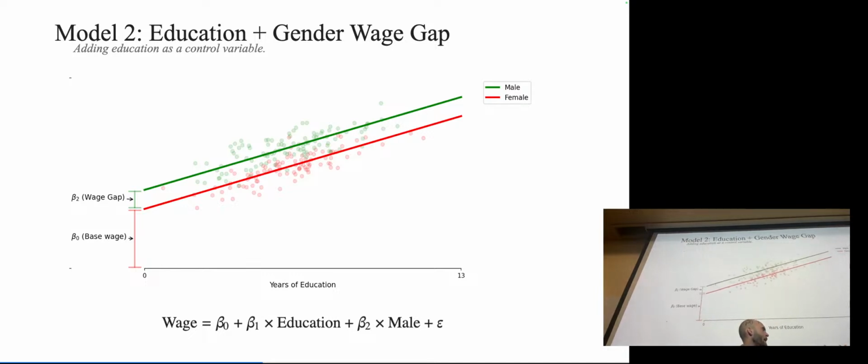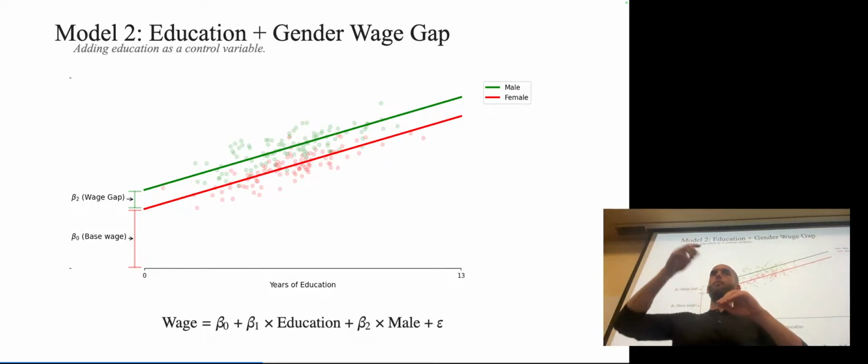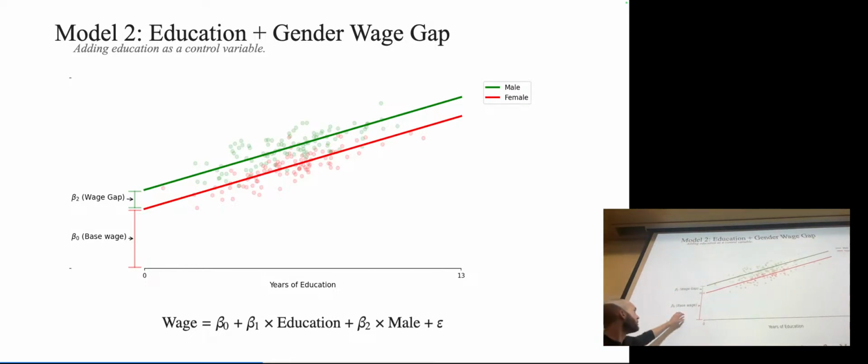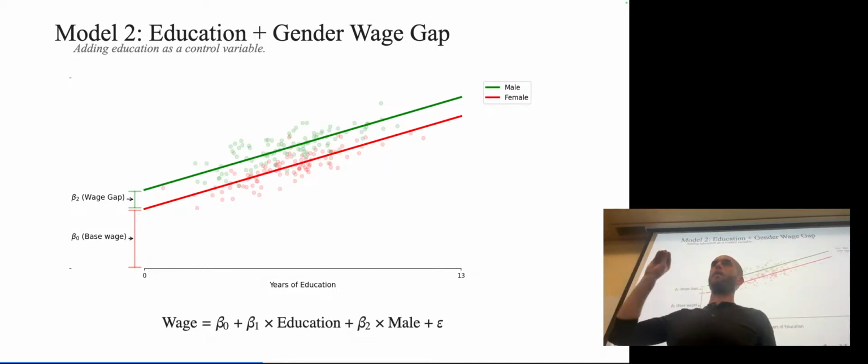So it's beta 2 times male. Or we could write this as beta 2 times female if we wanted to. And this beta 2 is going to give us the difference between those coded as 0 and those coded as 1. Just on the vertical axis. So that beta 2 is the gender wage gap controlling for education. What we've done here is assume that the slope on education for both groups is the same.